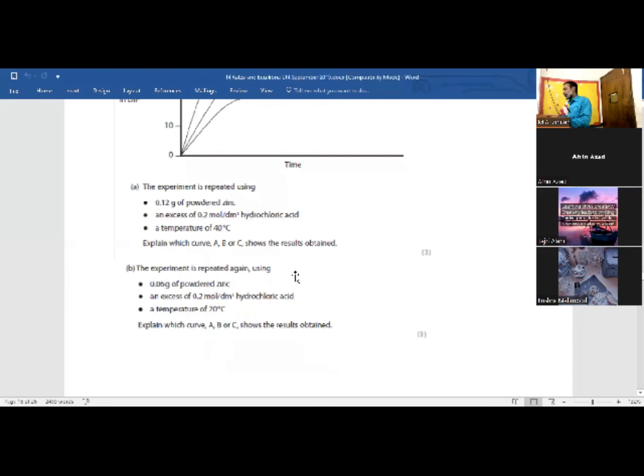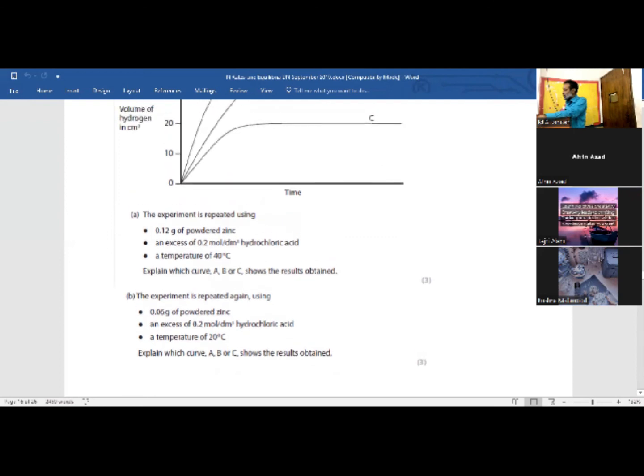And then next question. If the experiment is repeated again using 0.06 gram of powdered zinc. So what was that beforehand? 0.12 gram powdered zinc. Now is 0.06 gram powdered zinc. And excess of 0.2 mol per dm cube hydrochloric acid, which is the same. Temperature is the same as the first one. Which curve is that for this experiment?